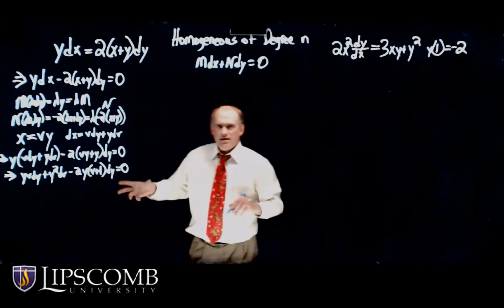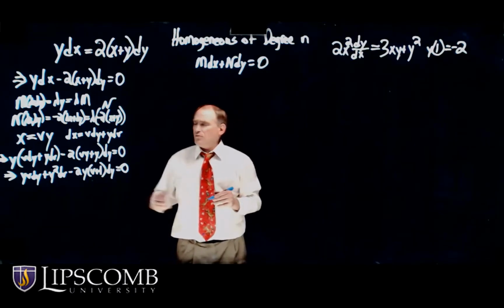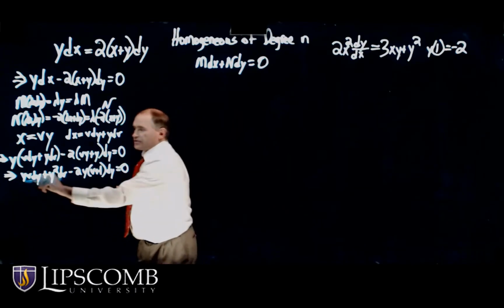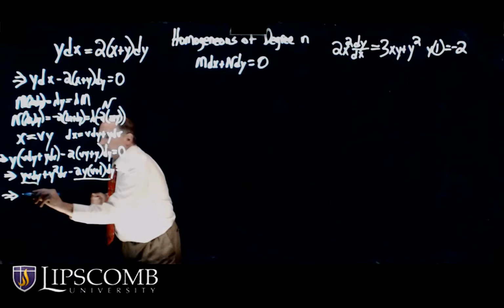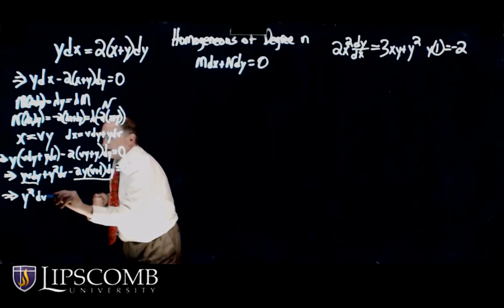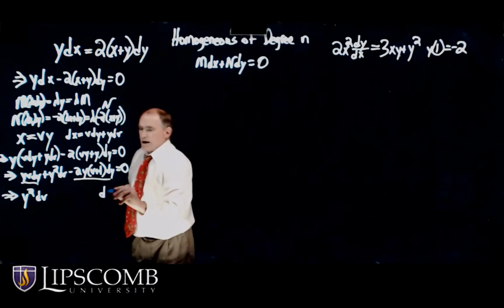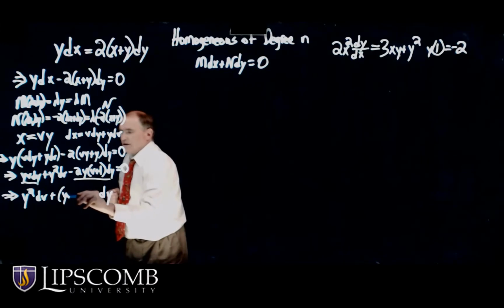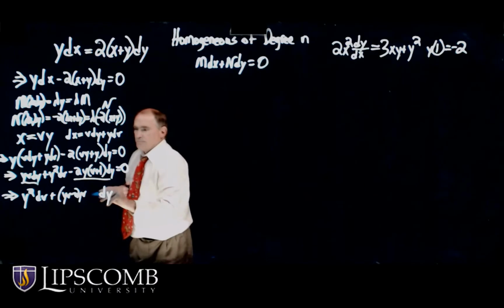Now the reason I did that is because now I've got my v's, so it's a separable differential equation. I can take these v's and put them together. So let's take this term and put it together with this term. So what do I have? First of all, I have the y squared dv. So I'm going to take a dy out, and what do I have? I have plus yv minus 2yv minus 2y.